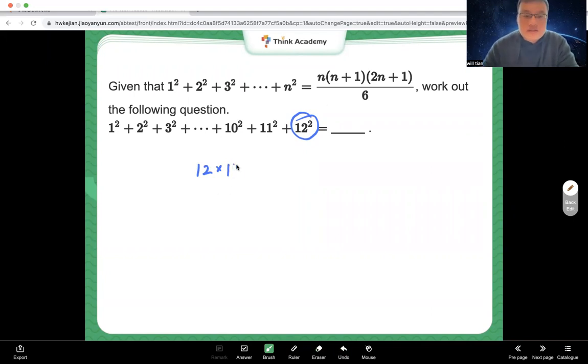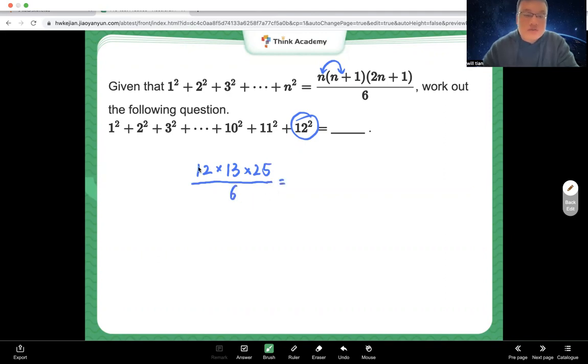You can just get the number 13. And the last number, 2n plus 1. Guys, you will find that 2n plus 1 is just the sum of these two previous numbers, right? n plus n plus 1 will be 2n plus 1. So you can just times by the sum of these first two numbers. So 12 plus 13, you got 25.